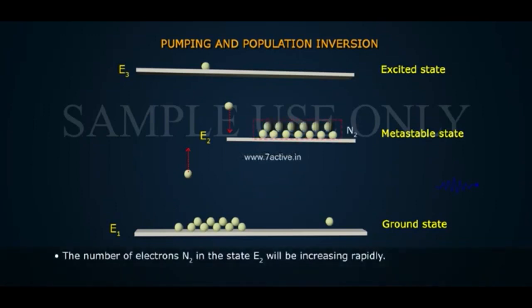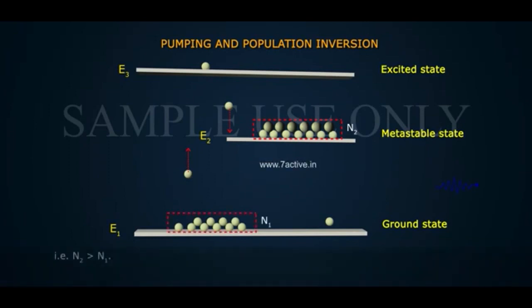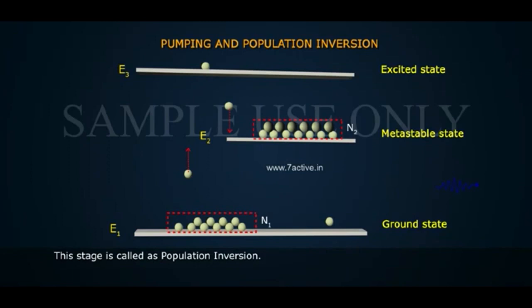The number of electrons N2 in the state E2 will be increasing rapidly. At some point, the number of electrons N2 is more than the number of electrons N1. That is, N2 is greater than N1. This stage is called population inversion.